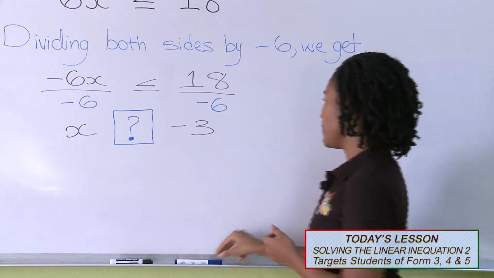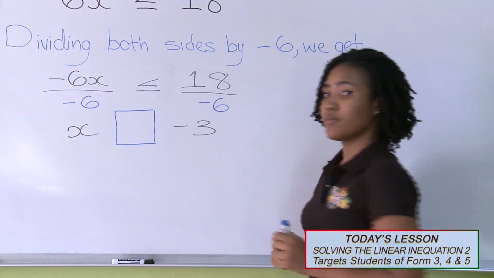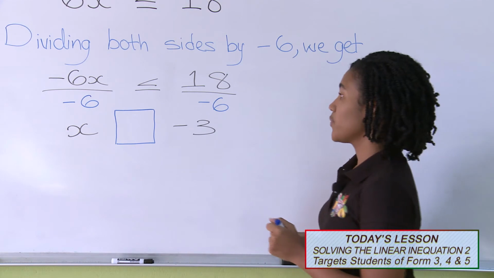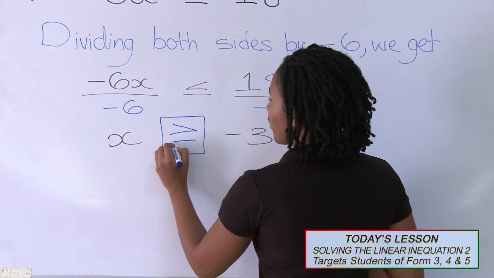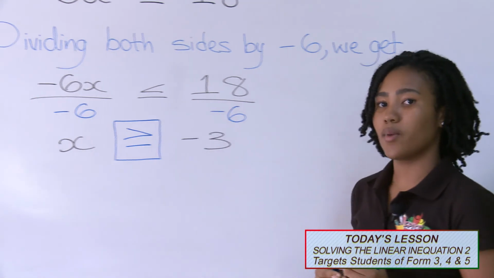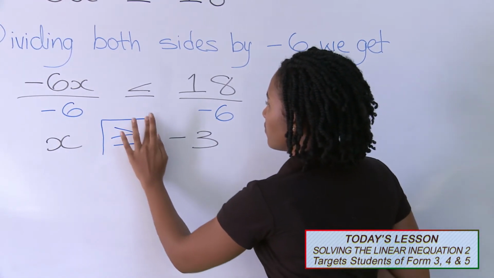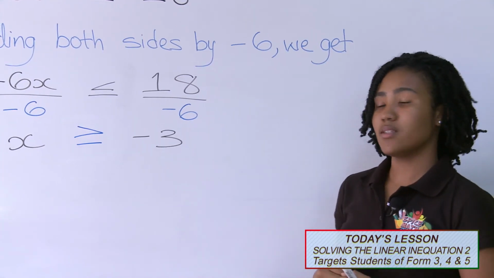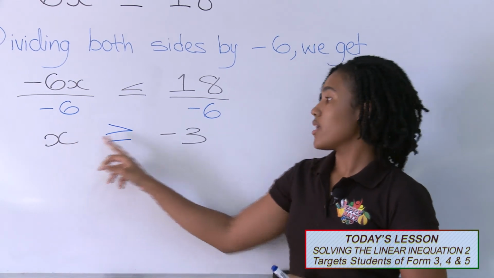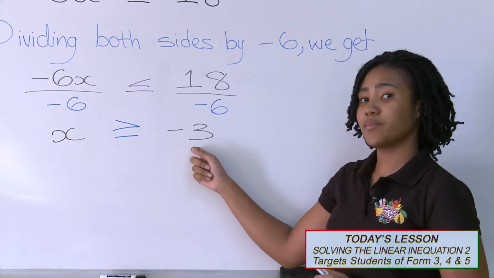So therefore, the symbol that goes here would be our greater than or equal to symbol. So our answer reads, x is greater than or equal to negative 3.